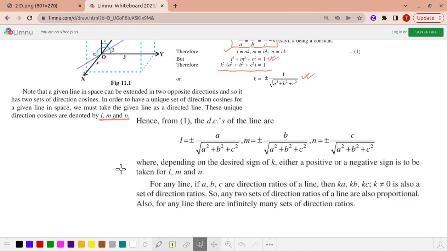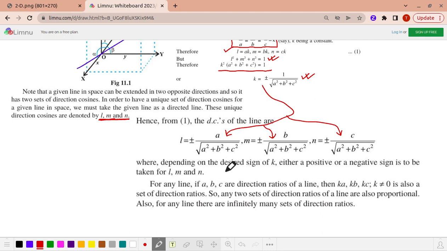So dear students, from this value of K equal to plus minus 1 by square root of A square plus B square plus C square, and applying it here, we get the value of L, we get the value of M, we get the value of N, correct? Plus minus. So we see that we are able to express L, M, N in terms of A, B, C.